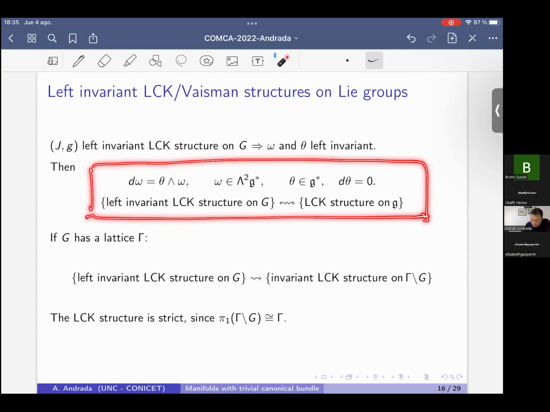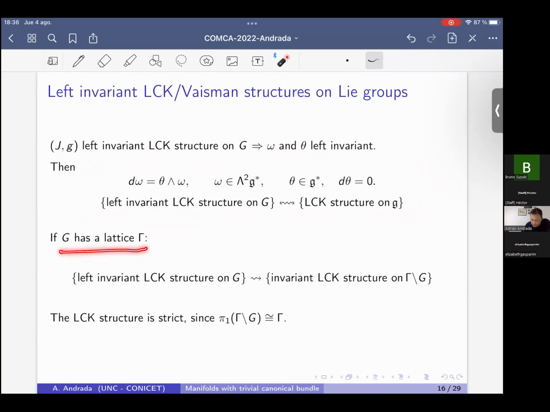And also, if the Lie group admits a lattice, then this induces an invariant LCK or Vaisman structure on the quotient. And this will be strict. It will not be global because the fundamental 2-form of the solvmanifold is not exact on the quotient by the lattice Gamma. So it is not trivial.